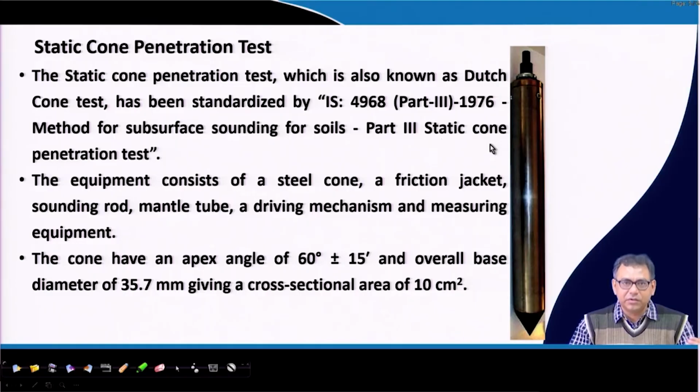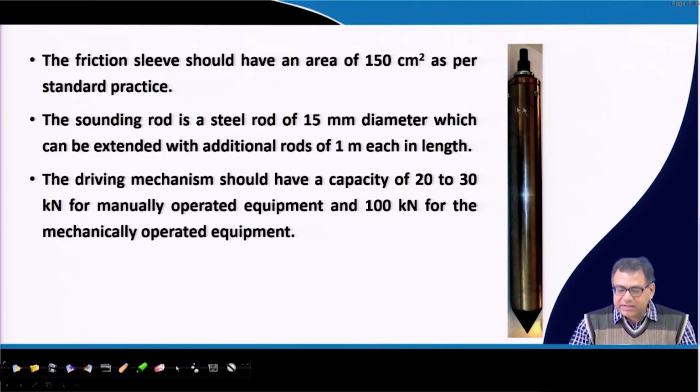The equipment used here is the steel cone, the friction jacket, the sounding rod, the driving mechanism and measuring equipment. The cone angle is 60 degrees plus or minus 15 minutes, and the base diameter is 35.7 millimeters with a cross section of 10 square centimeters. The friction jacket, or friction sleeve, has an outside area of 150 square centimeters. The sounding rod has a 15 millimeter diameter.